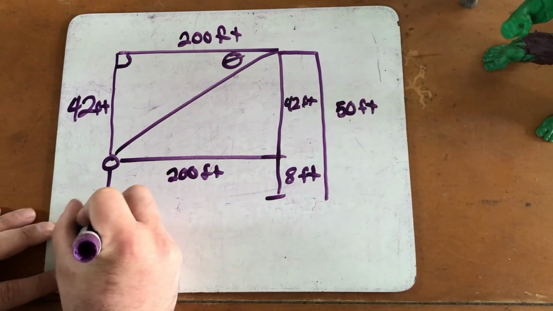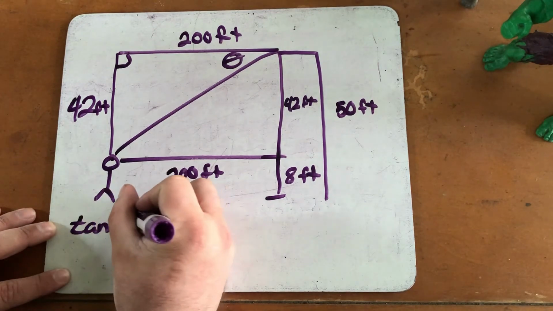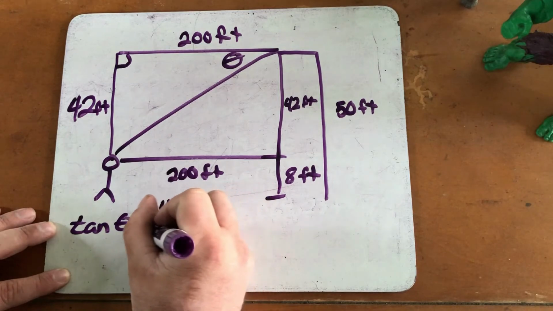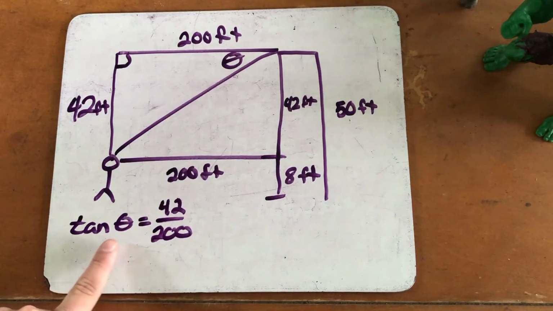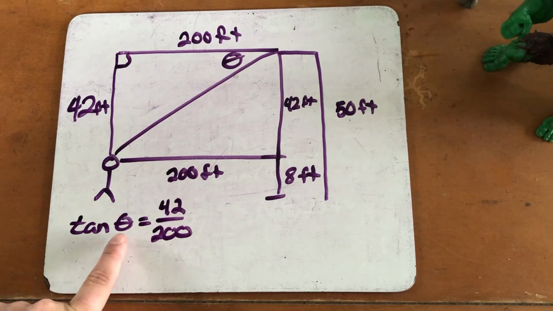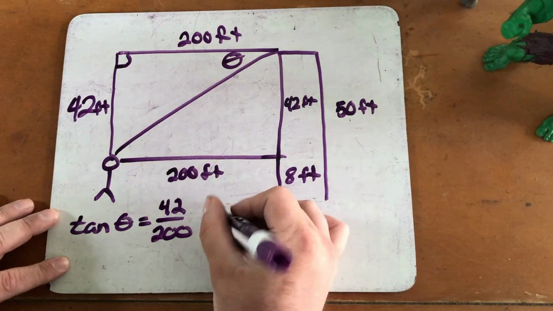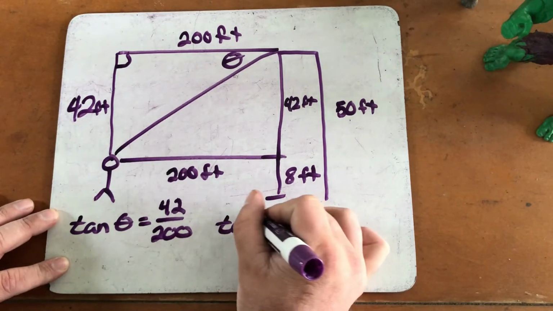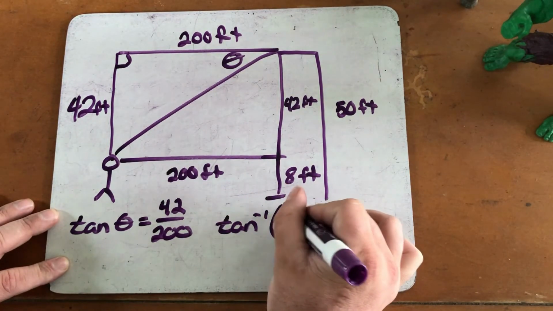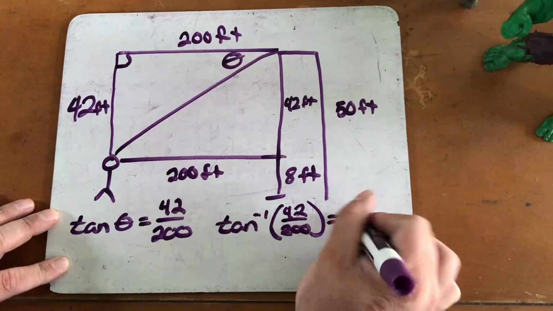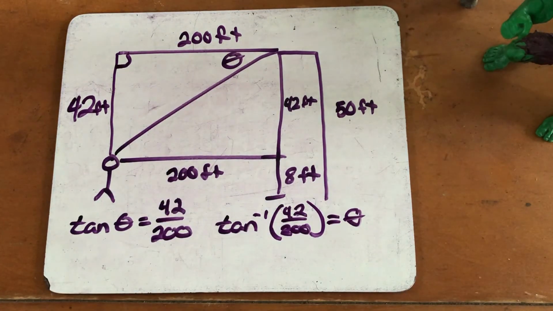So the tangent of theta equals opposite, which is 42, over 200. Since I'm trying to find out what theta is, and theta is in tangent, I'm going to use inverse tangent. So the inverse tangent of that ratio, 42 over 200, is going to equal my angle of theta that I'm looking for.